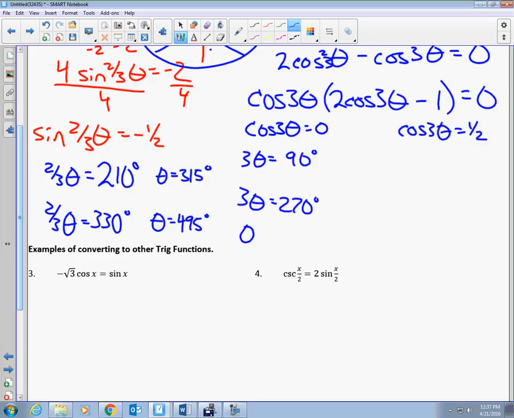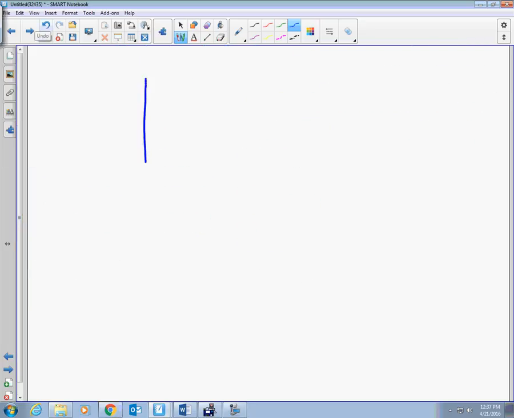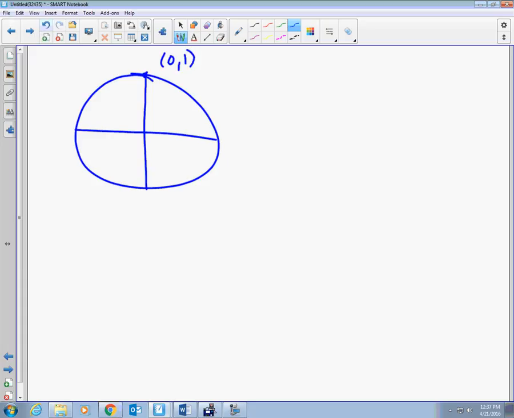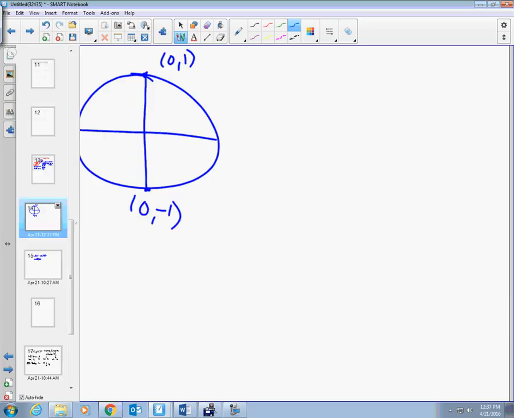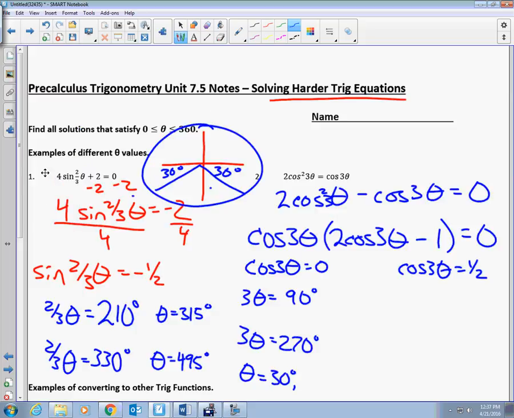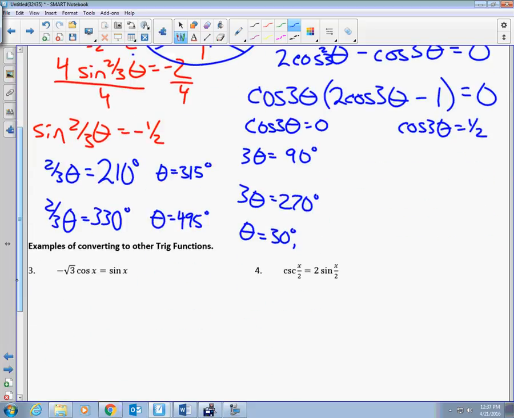Therefore, theta is... So we thought about the unit circle, and if cosine is equal to 0, that occurs wherever the x value is equal to 0, and that occurs at those 2 spots. Better? Okay, so as I go back, theta is equal to 30 and 90.